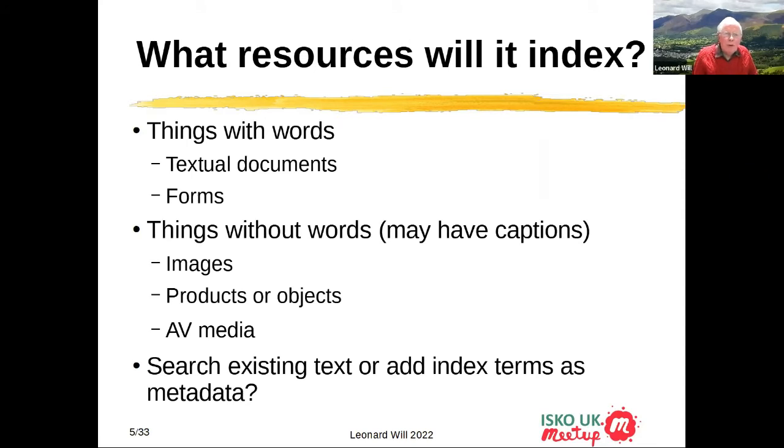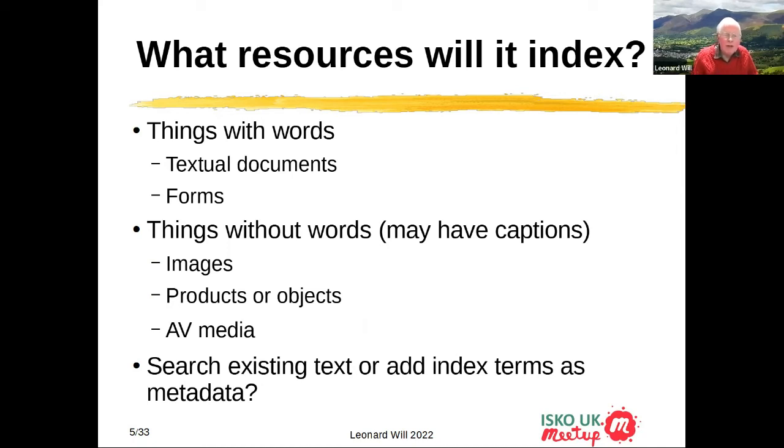The other questions about deciding how you do it will be asking, for example, what is it going to be used to index? If it's going to be used to create metadata on certain objects, then you can have different kinds of things.